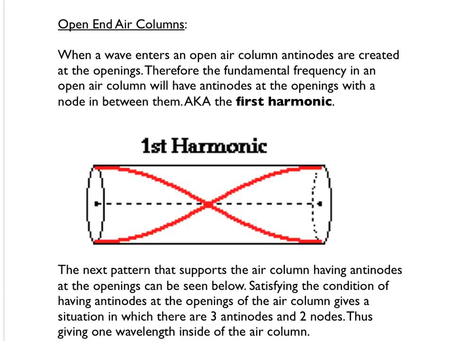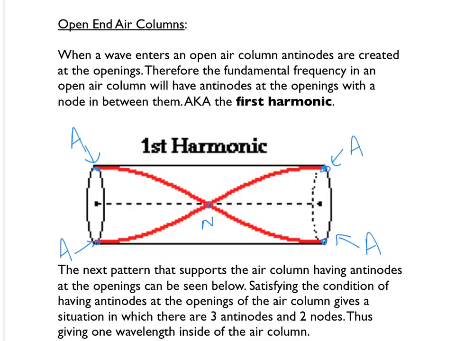As you can see in this kind of situation, we have antinodes right here, I'm just going to call it A, and here, so antinode, antinode, and our node is going to be right in the center, so this is your node.